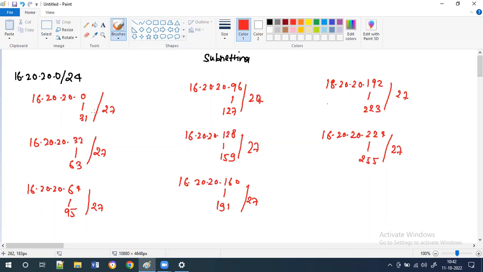So it would become a total of 32. To get 32, we have to do 2 to the power 5. That 5 represents the number of bits on the host side. If 5 bits are on the host side, then 27 bits are on the network side. That is the /27, right?